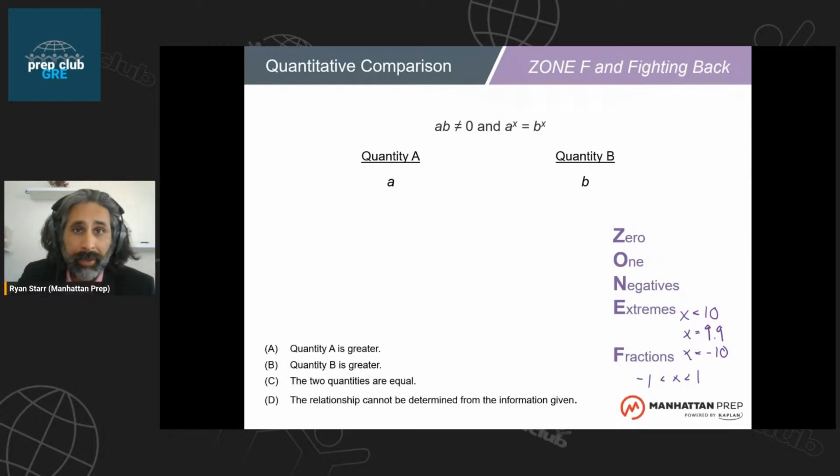Could negatives have a role to play in showing that these two quantities don't have to be equal? Fractions? 0 and 1 as well are things that behave weird with exponents. Take 1 to any exponent, it stays 1, for instance. So testing these kinds of numbers could unlock something. It could shake something loose.